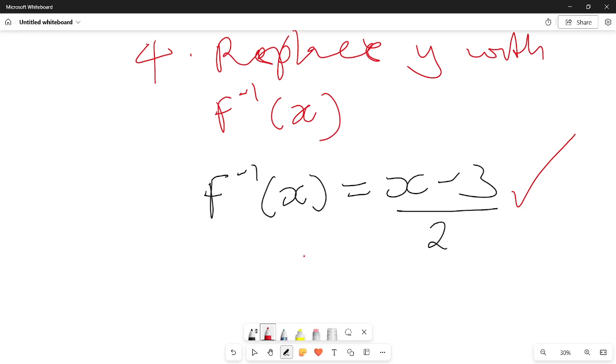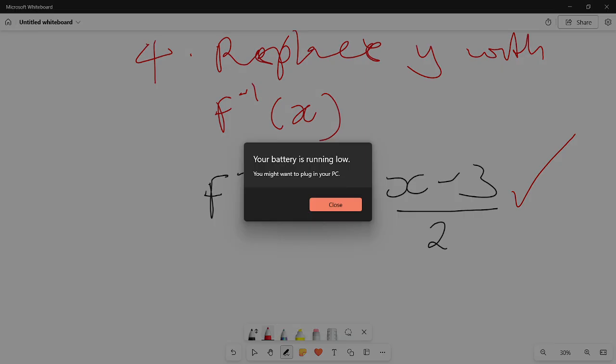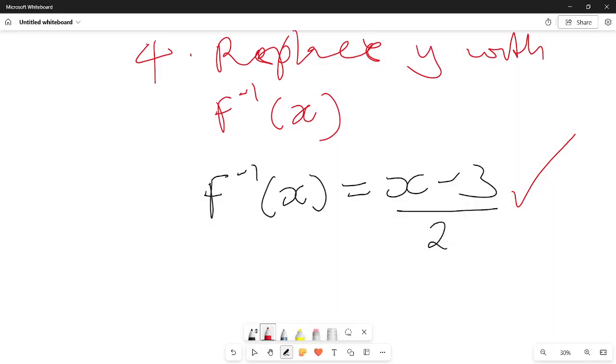However, there's one thing that I would like to mention. For you to have an inverse function, we need to have the following.